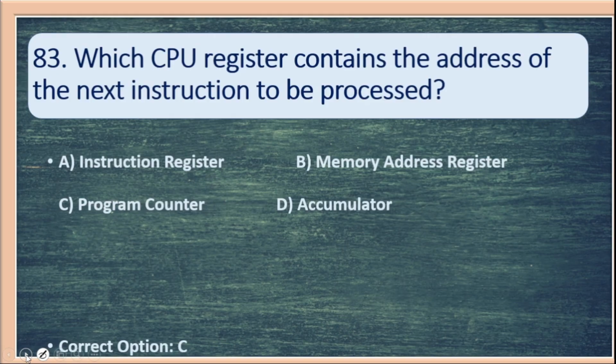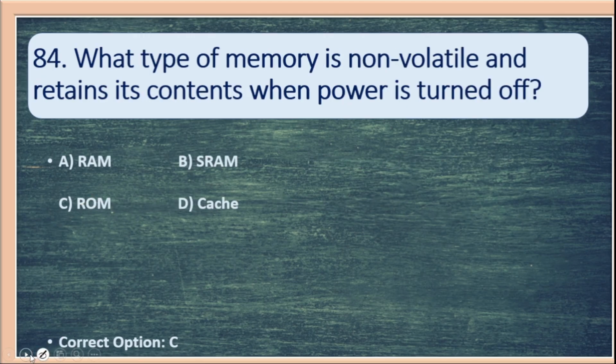Which CPU register contains the address of the next instruction to be processed? Instruction register, memory address register, program counter, accumulator. Answer is C, program counter. What type of memory is non-volatile and retains its contents when power is turned off? RAM, SRAM, ROM, cache. Answer is C, ROM.